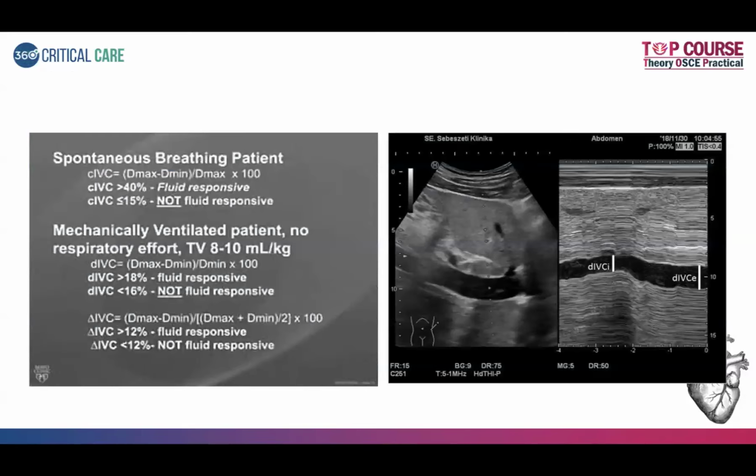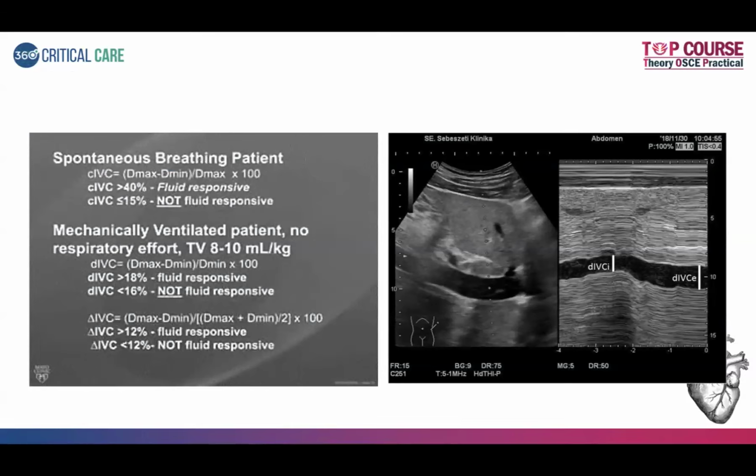Normally, in a spontaneously breathing patient, we measure the collapsibility index, which is Dmax minus Dmin by Dmax into 100. Any value more than or equal to 50%, or 40 to 50%, is considered fluid responsive. Less than 40, then they are not fluid responsive.